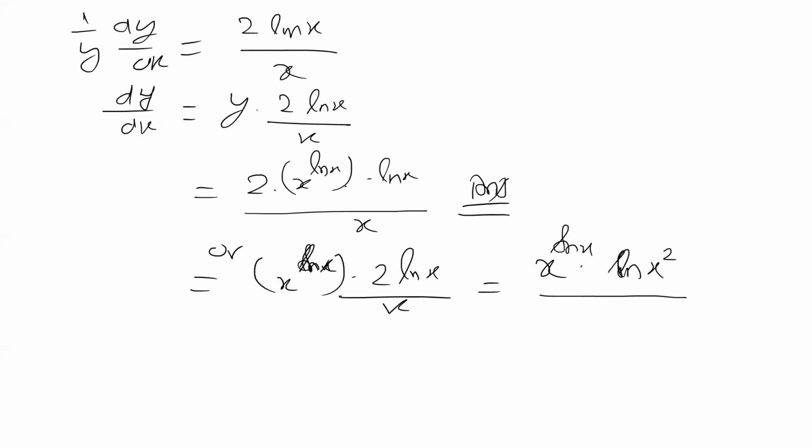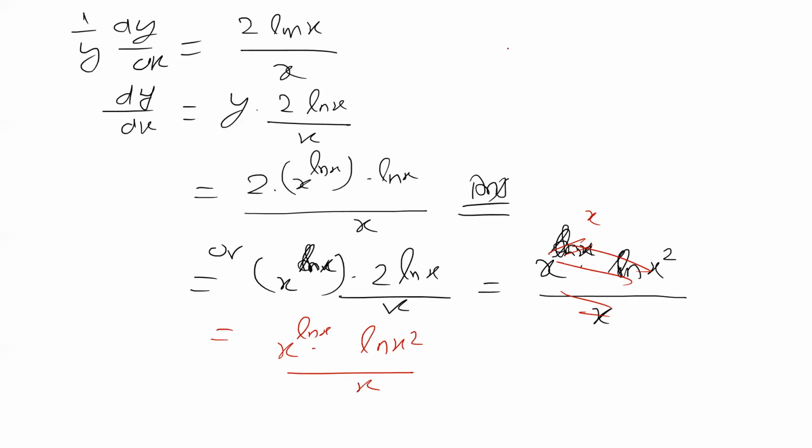No? Here is ln x, here is ln x, here is ln x. Okay. So ln x square by x. We are correct here. So here we are getting x power ln x into ln x square by x.